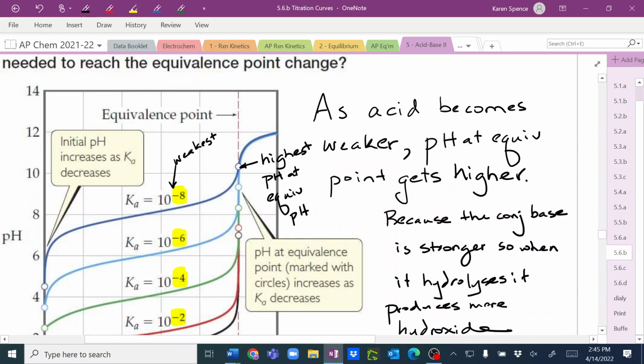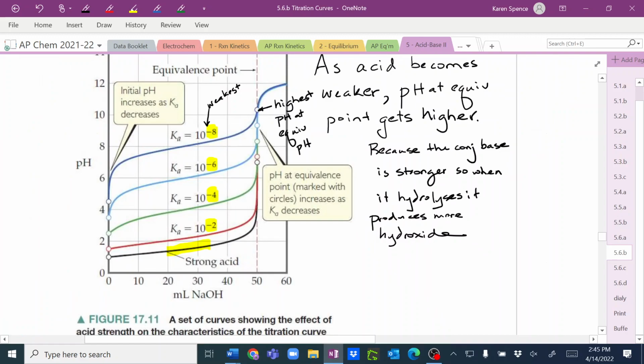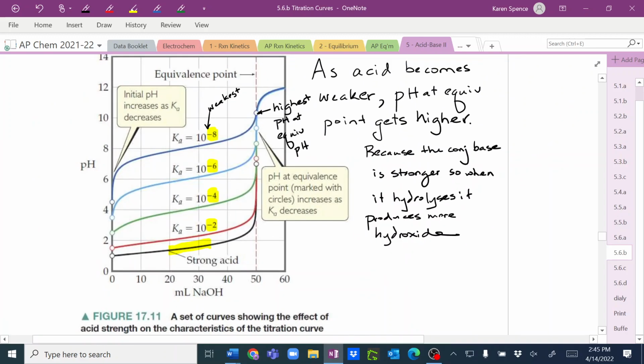Okay. But you'll notice what about the volume it takes to get to the equivalence point? The volume is all the same, as long as the concentrations are the same.